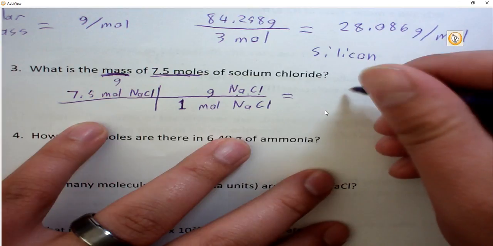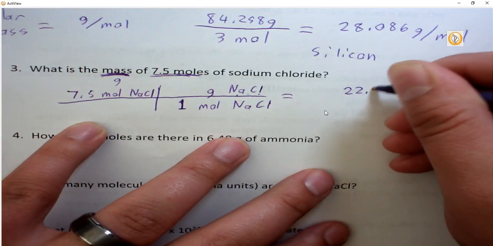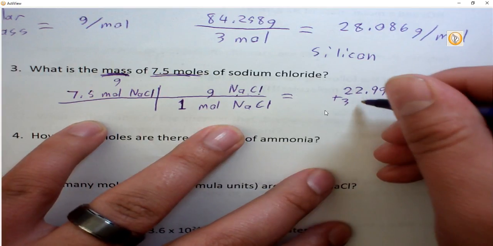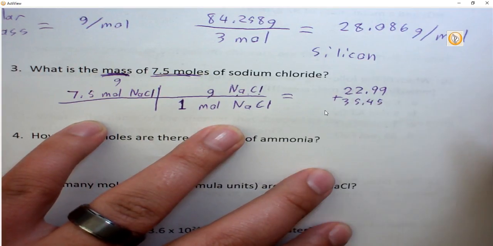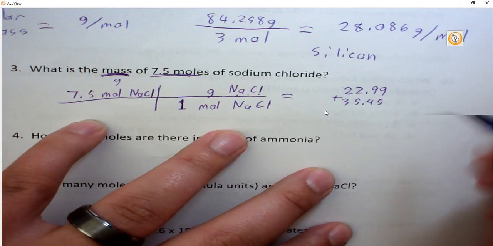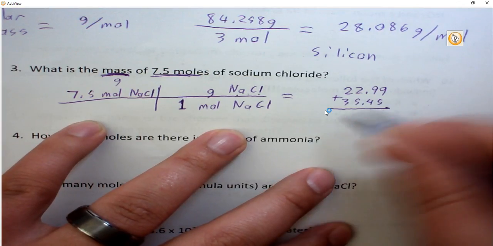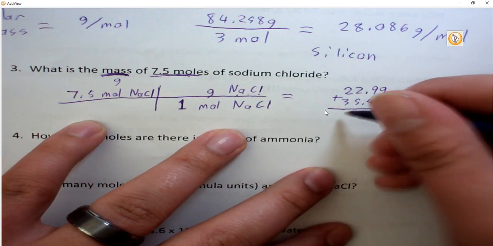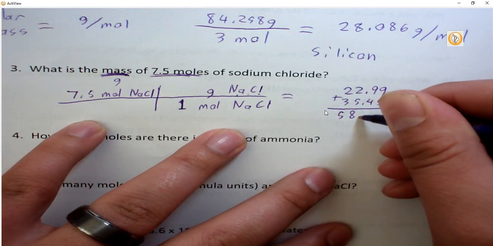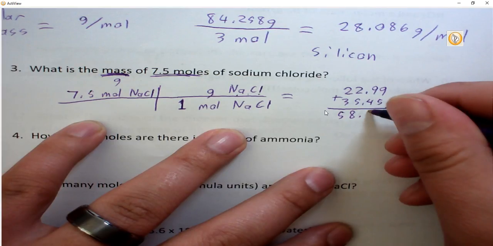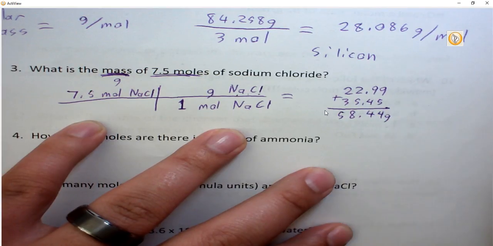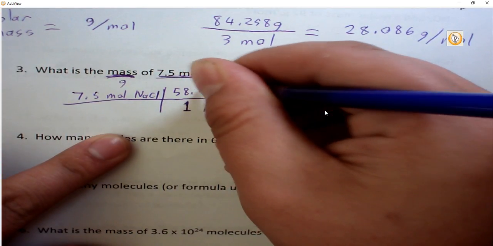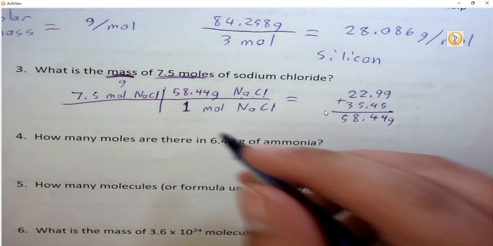Sodium is 22.99 grams per mole, and chlorine is 35.45 grams per mole. This is on the periodic table, but the sooner you memorize stuff like this, the faster you can do these problems. So we add that up and we should get 58.44 grams. So that's what's going to go in for sodium chloride here: 58.44 grams over 1 mole.